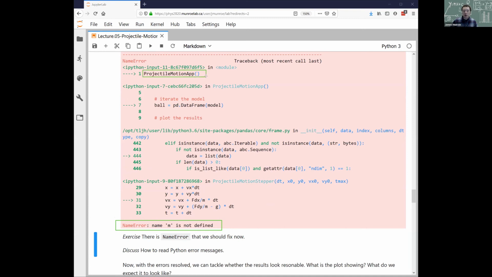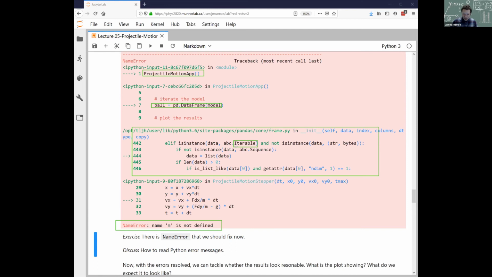You started in projectile motion app. That was the outermost piece of code you were calling. That piece of code on line 7 called ball data frame. Inside ball data frame, it's looping through all of the different steps of the model. This code right here is in the internals of Pandas, but internally, you see this word iterable? It's just stepping through it.